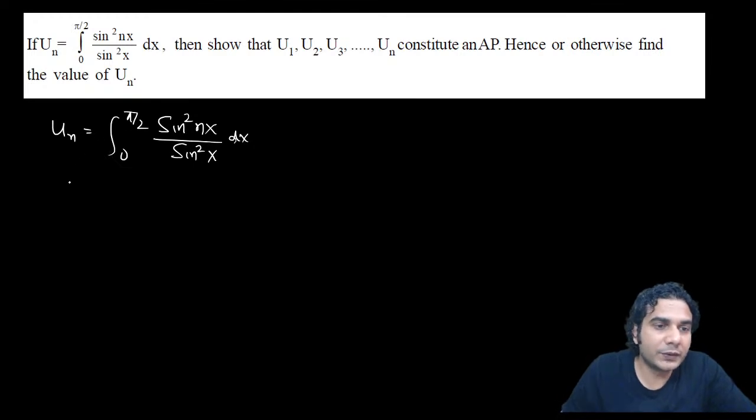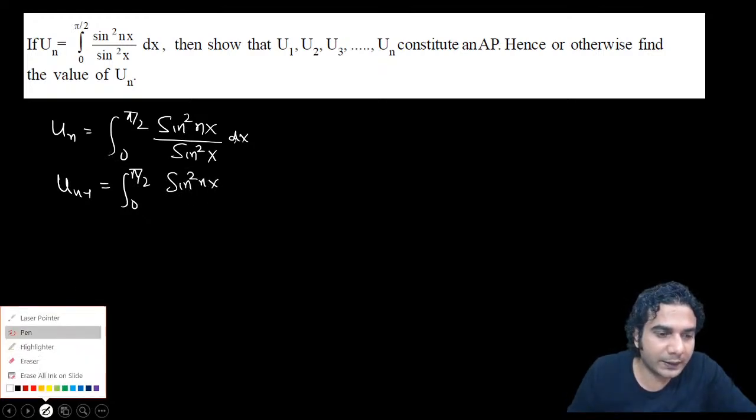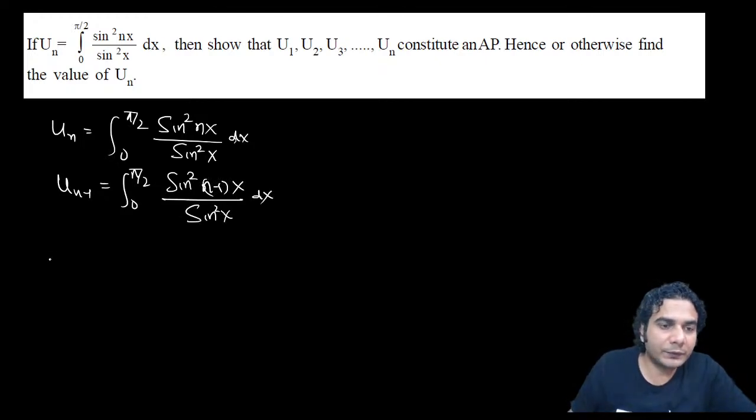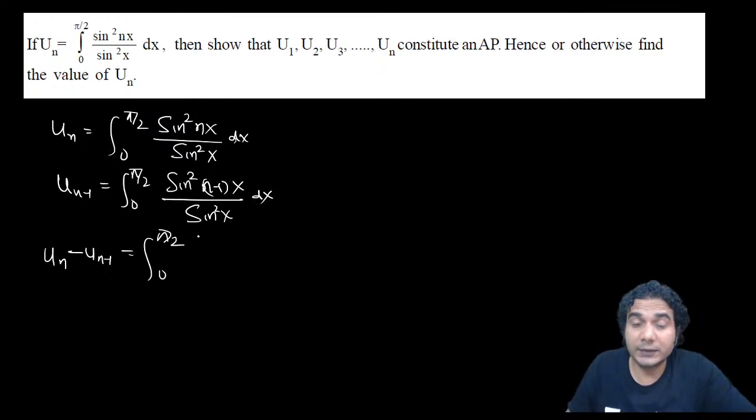All right. So if I take Un minus 1, which is the integral from 0 to pi by 2 of sine square of n minus 1 x divided by sine square x dx, and subtract these two, Un minus Un minus 1, then that is going to be the integral from 0 to pi by 2. It is going to be sine square a minus sine square b, so that is sine of a plus b into sine of a minus b.